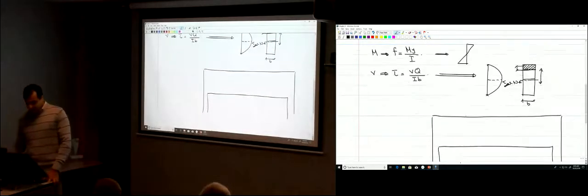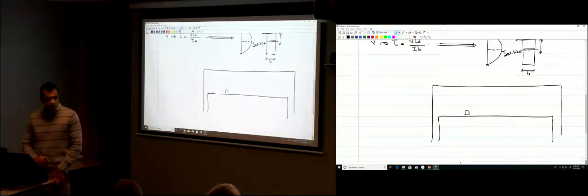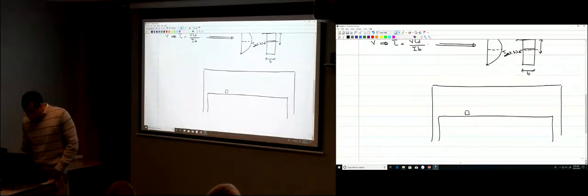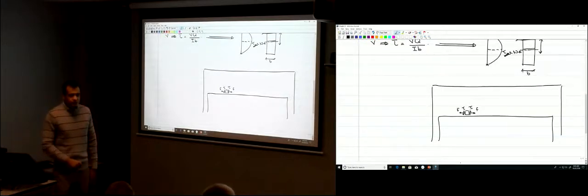So let's take an element, let's say over here, a small part of the beam. On this small part of the beam, there will be normal stresses, F, and there will be some shear, tau, on that face. It comes from the shear force.